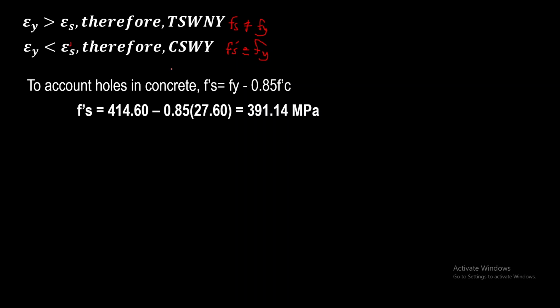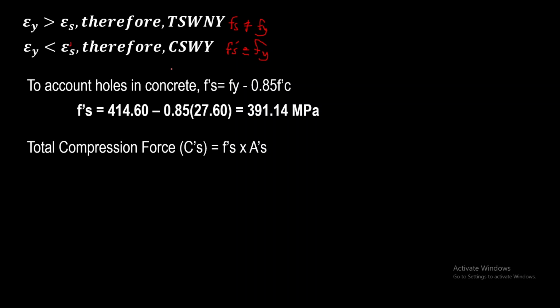So to satisfy the given condition, or to account for the holes in concrete, we substitute the value of Fy and the 0.85 of f prime c, giving the value of 391.14 megapascal.